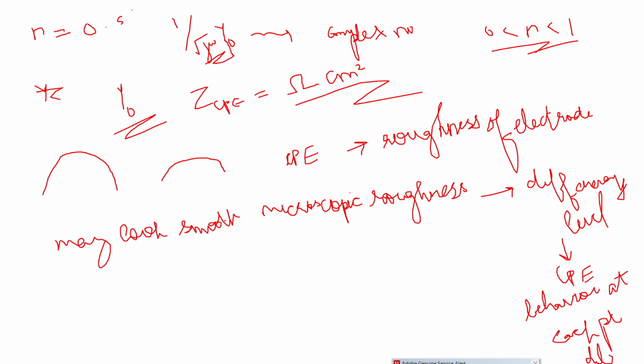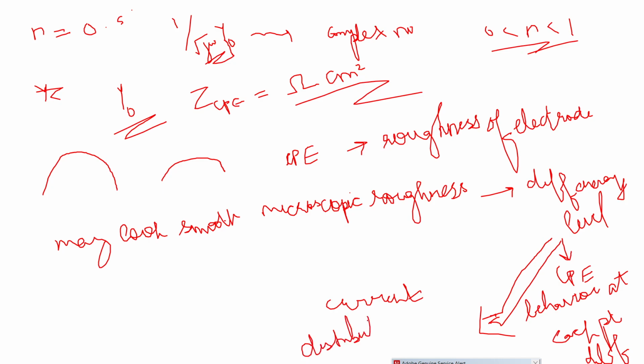When CPE behavior is different at each point, this means the current distribution at each point will be different. I mean, because of the different energy levels, I can say in another way that the current at different points, the current distribution at each point, is different.